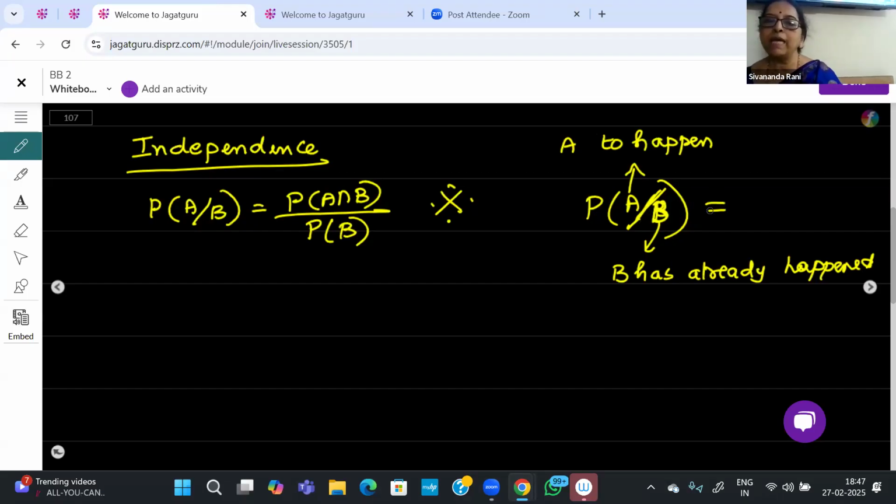But suppose A is a very independent fellow, it doesn't look at B at all. Then the probability of A solving the problem will remain intact. It wouldn't be affected by whether B has solved it or not, because he's not looking at him. So he is not even aware whether he has solved it or not. So the probability of A solving it remains intact.